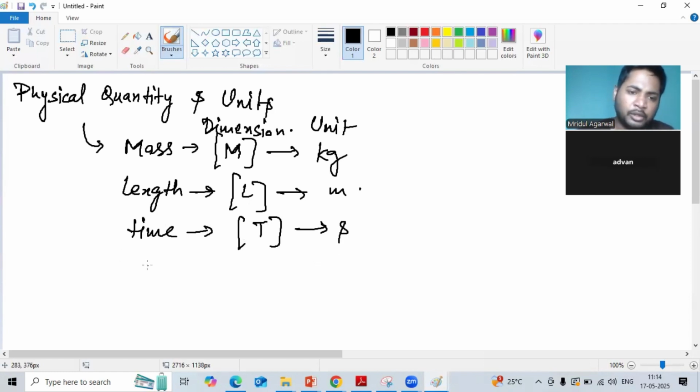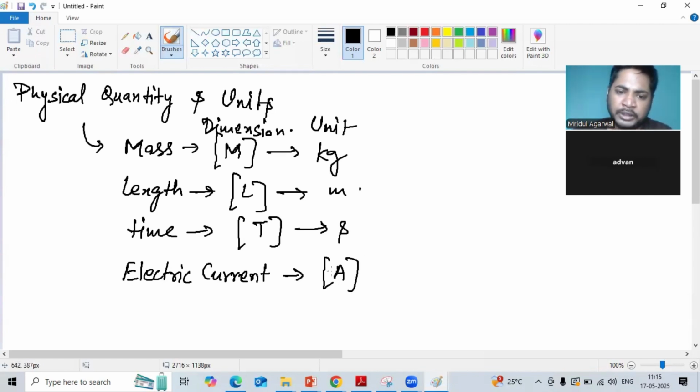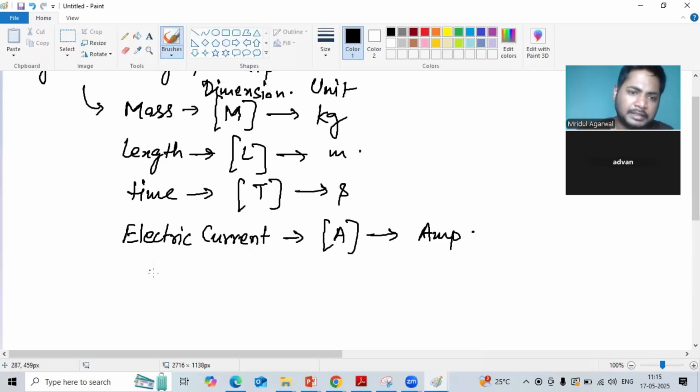And then you have electric current, correct? Electric current is in amperes, and you basically denote it by A. Similarly, you have the next one, temperature, correct?